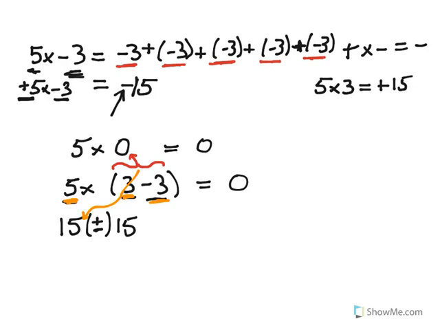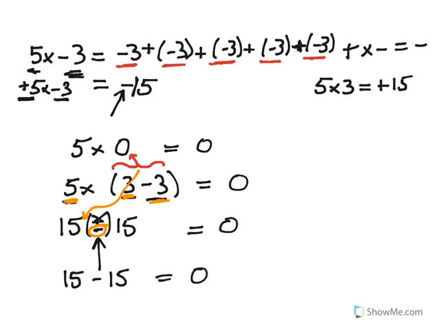But we know that the answer to this has to be 0, because 5 multiplied by 0 is 0. So there is only one real answer that we could get. We can't have that 5 times minus 3 would be plus 15, because that would be 15 plus 15 would equal 0, and it doesn't. So the only answer that we could have here that's reasonable is that plus 5 times minus 3 has to give us the answer minus 15, because then we would get 15 minus 15, which does equal 0.